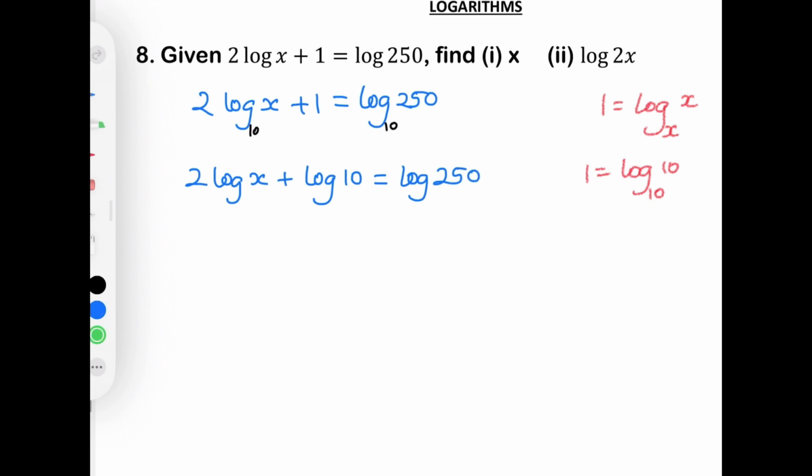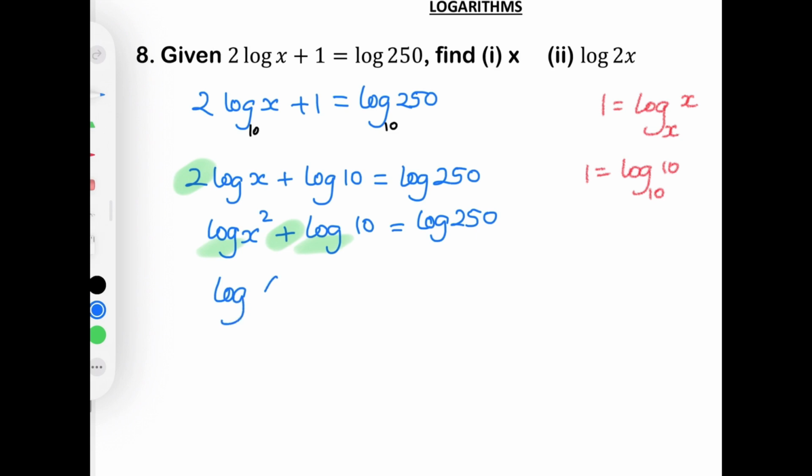The coefficient of logarithm becomes power of the number. So next step will be log x squared plus log 10 equals to log 250. Two logarithms with addition will be a common logarithm with multiplication of their numbers, that is x squared times 10, again log 250 as it is.